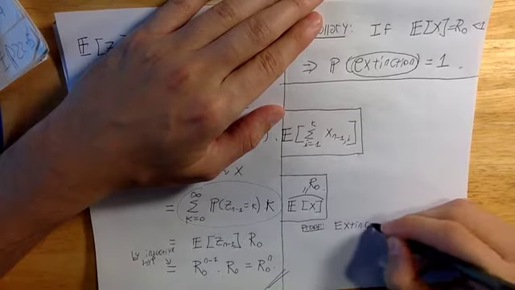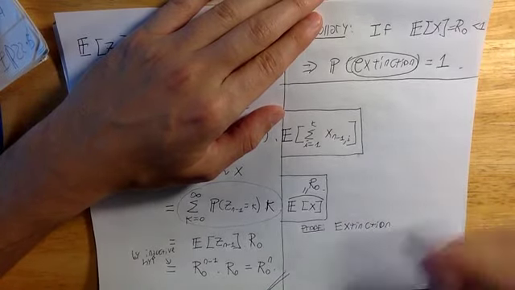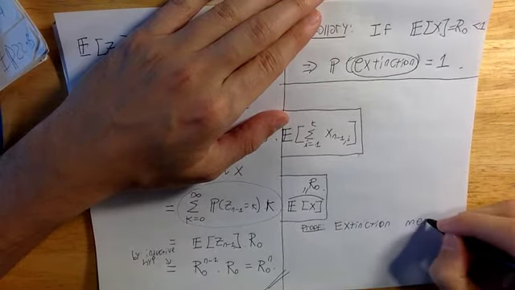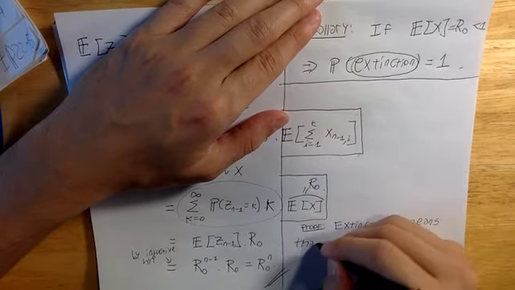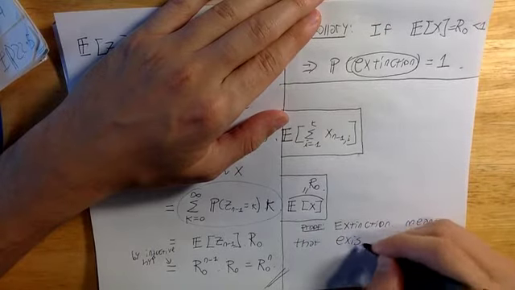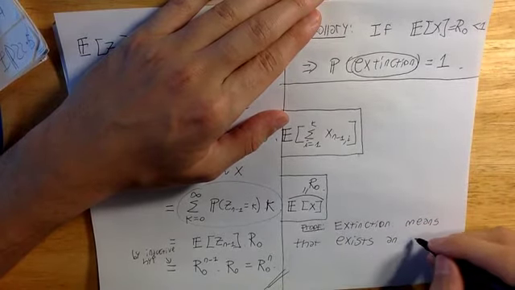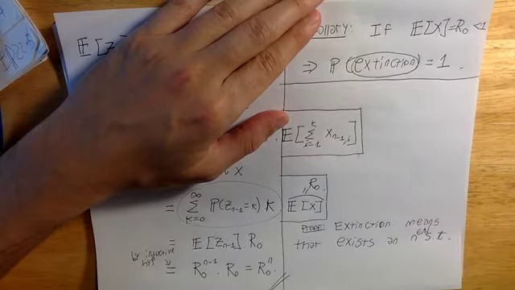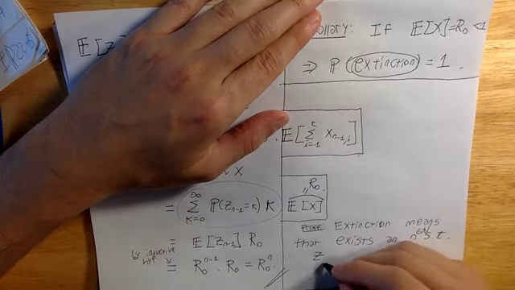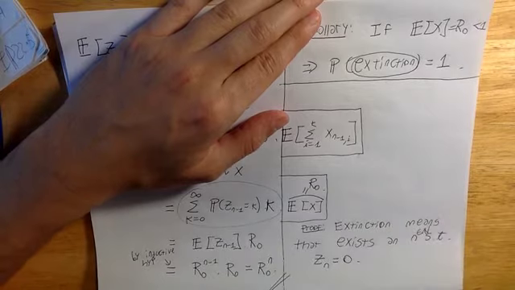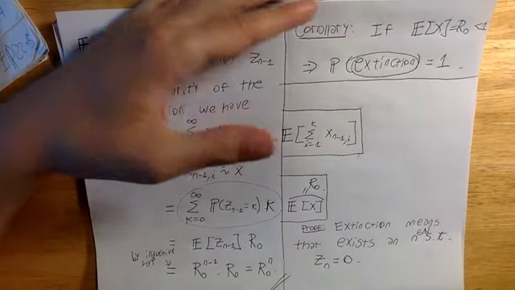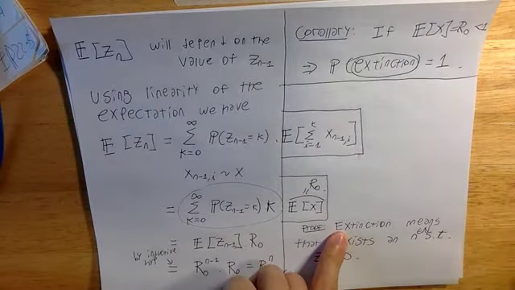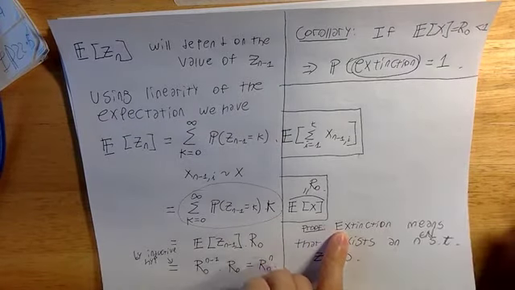Extinction means that there exists an n, an n in the naturals, such that Zn is equal to 0. So instead of calculating the probability of extinction, let's calculate 1 minus the probability of not extinction.